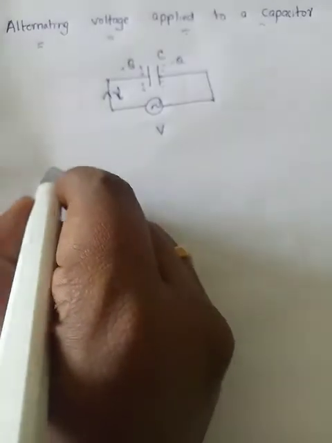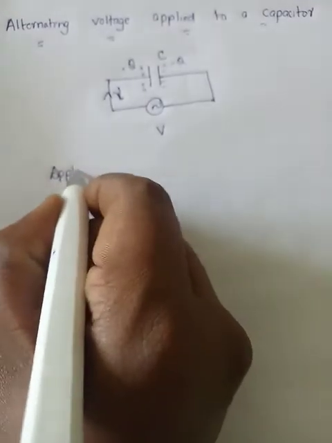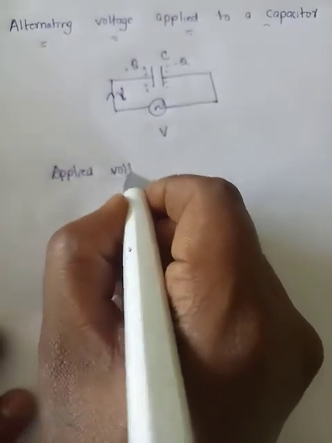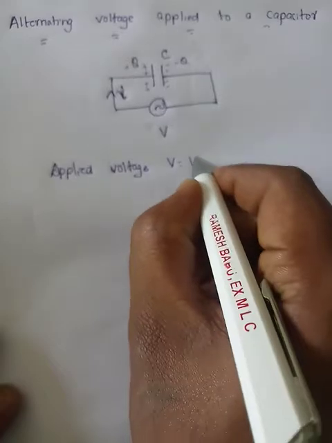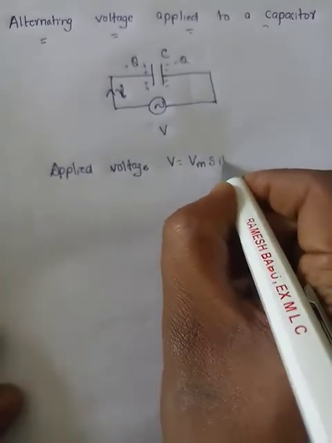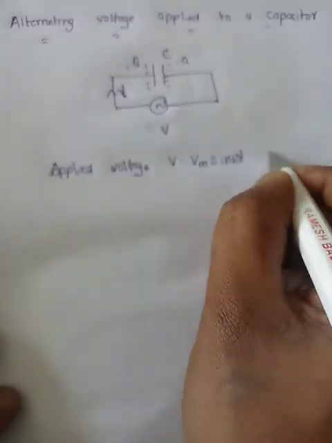What is the applied voltage? Applied voltage V equals Vm sin omega t.